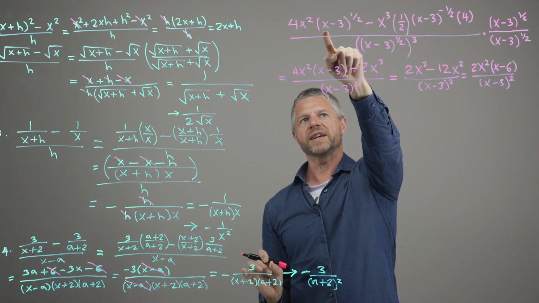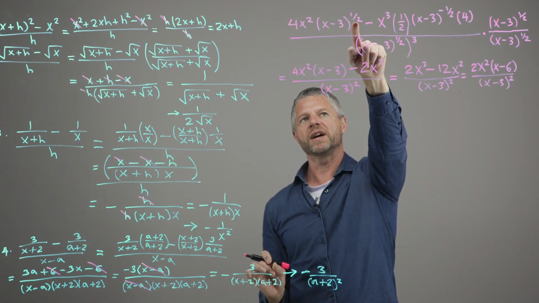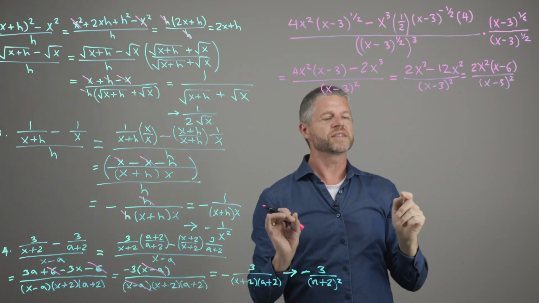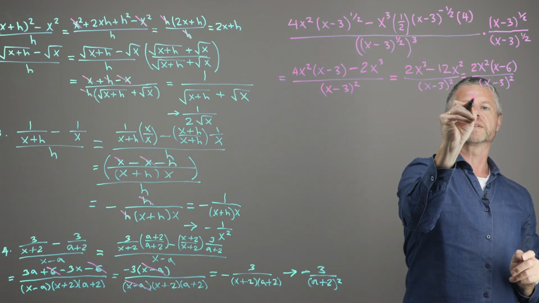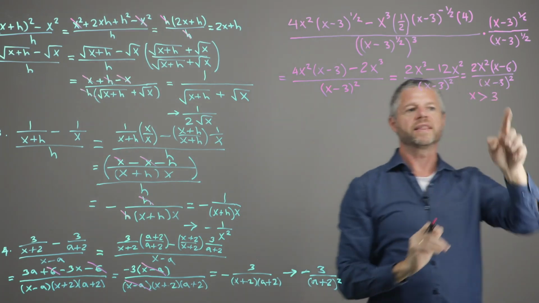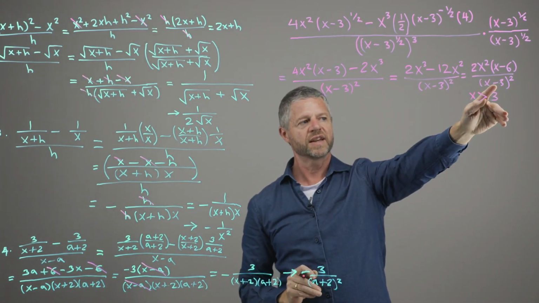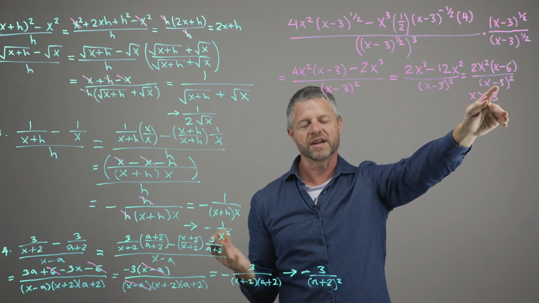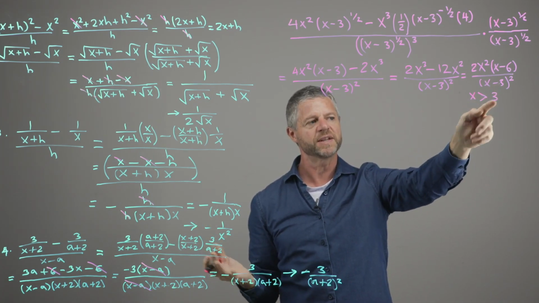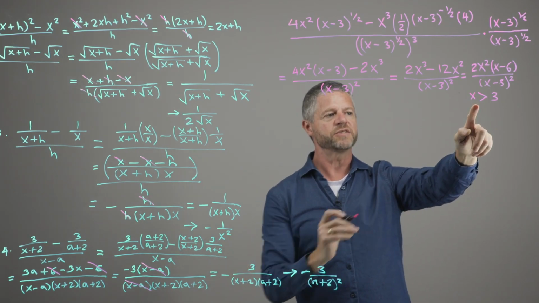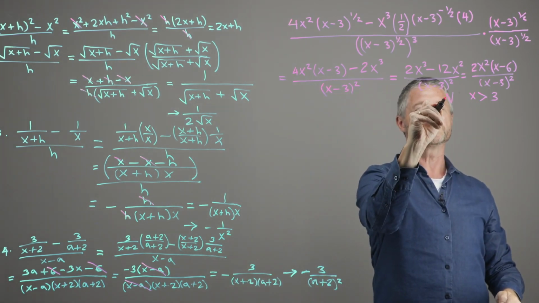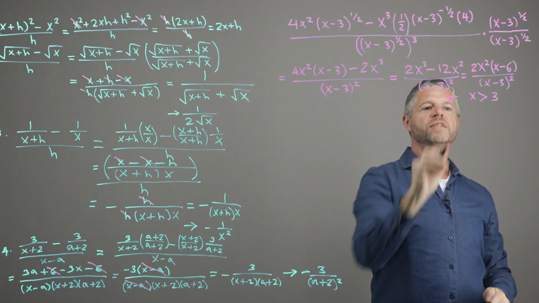So because we have x minus 3 raised to the power 1/2 here, we know that x is going to have to be bigger than 3. So x has to be bigger than 3 here. And that takes care of x not being able to be 3 either, because if x is bigger than 3, then it can't be 3. So this is going to be the domain restriction. So we're good for all x greater than 3.